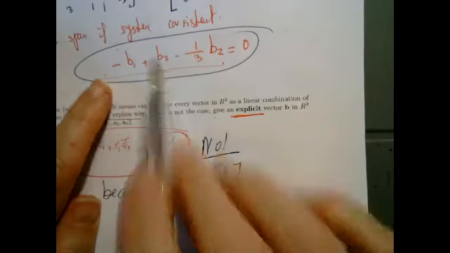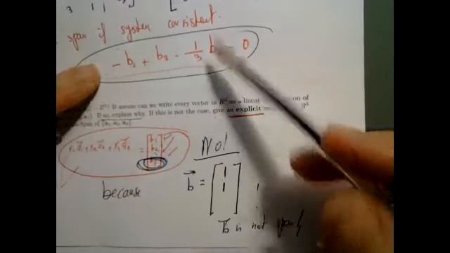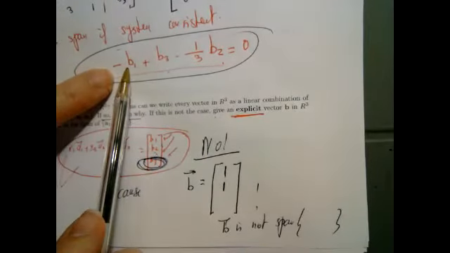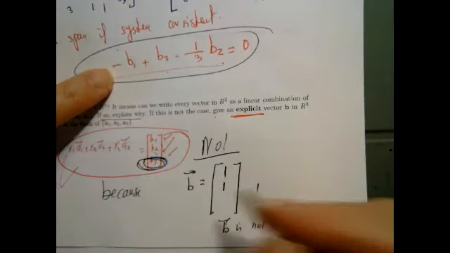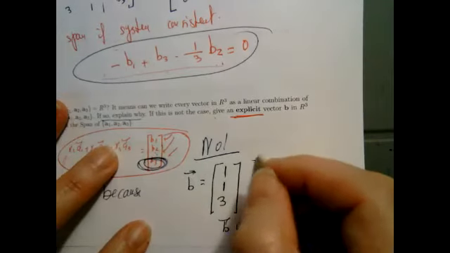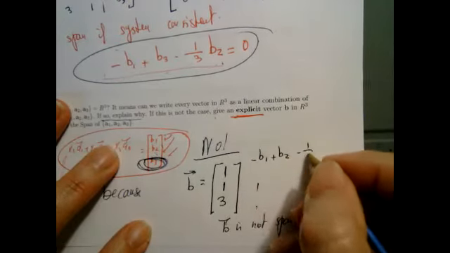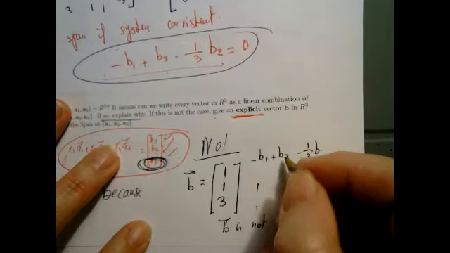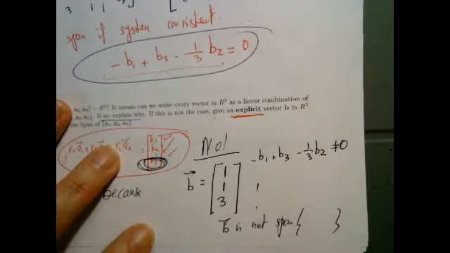If this is -1 and it's -1/3, I can pick B3 to be anything. If I do that, then -B1 plus B3 minus 1/3 B2 is definitely not 0.